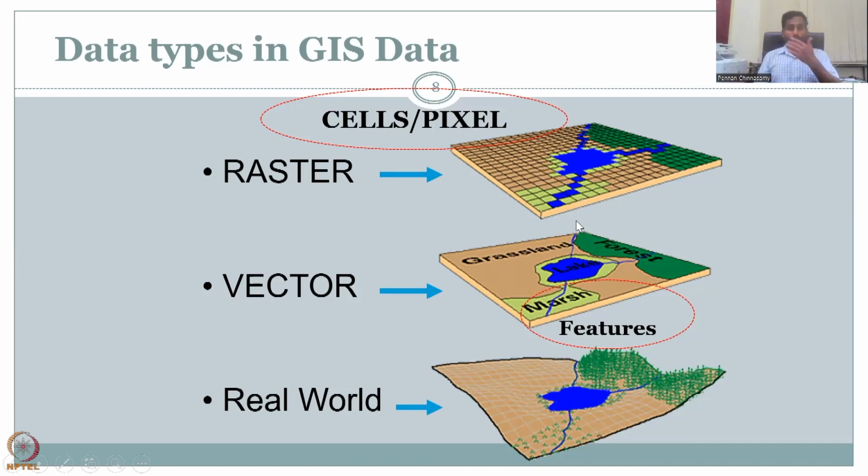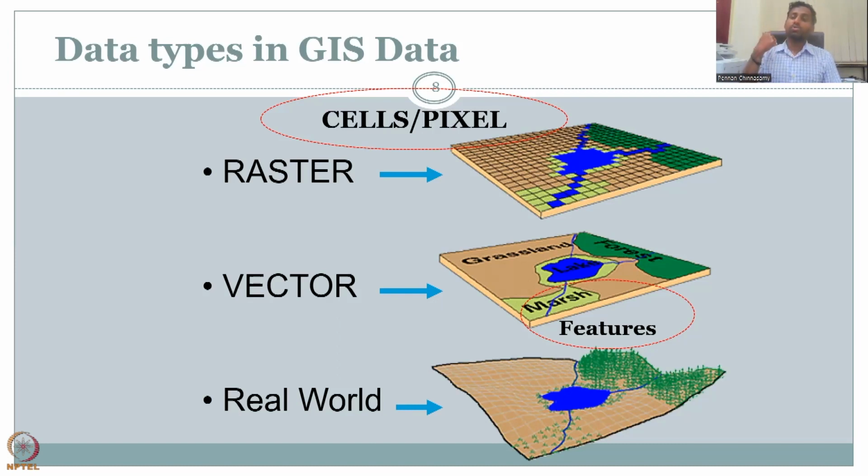So these are the pros and cons of using the data types. There are two data types in GIS, raster and vector. Raster is where a continuous data set is created by discretizing the image, forming grids, whereas in vector, the important features that need to be mapped are identified.